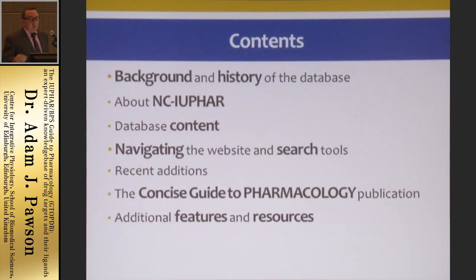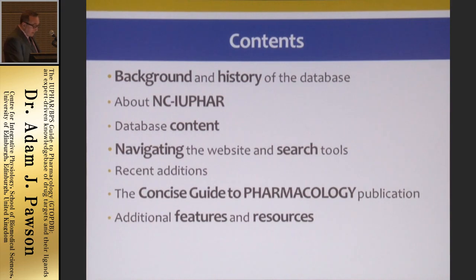Right, so by way of an overview of the talk this afternoon, I'm going to start off, which I think is quite necessary, to give you a background and a history of the database, and also how we came about constructing the Guide to Pharmacology database. I'll also then introduce the IUPHAR committee that oversees the development of the database. That's NC-IUPHAR, or the IUPHAR Committee on Receptor Nomenclature and Drug Classification.